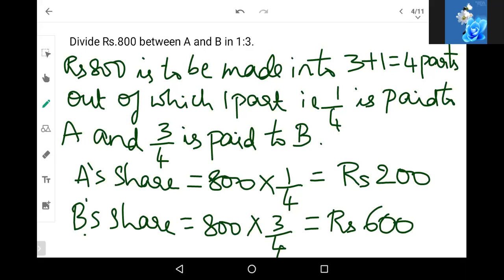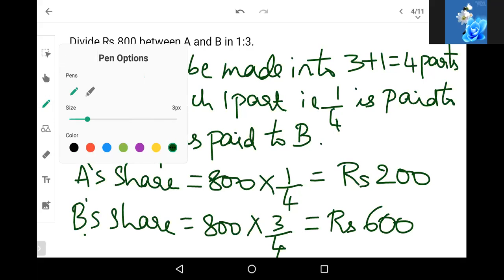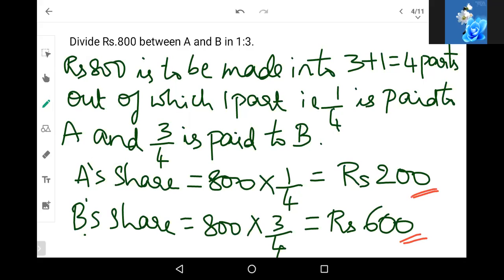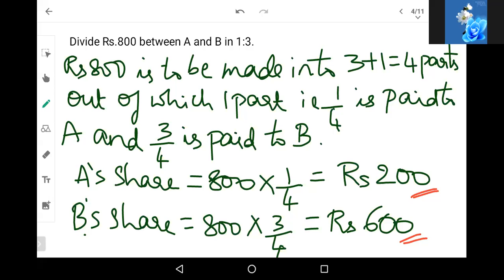So A's share will be rupees 200, B's share will be rupees 600. Now can we go to the next question?